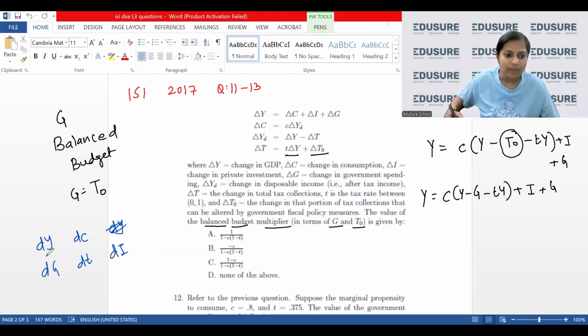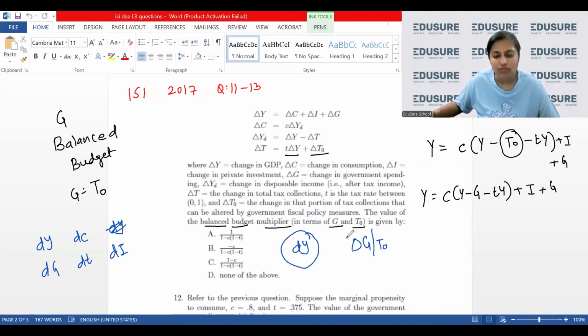So all of them we can find the change when you find the total differential. But since we are finding the balanced budget multiplier, I want to find out what is the change in Y when there is a 1 unit change in G or t naught. Okay, so that is my purpose, that I want to find the change in Y for 1 unit change in G or t naught.